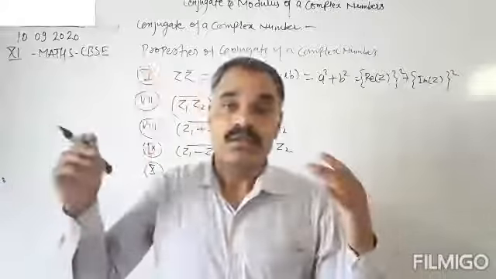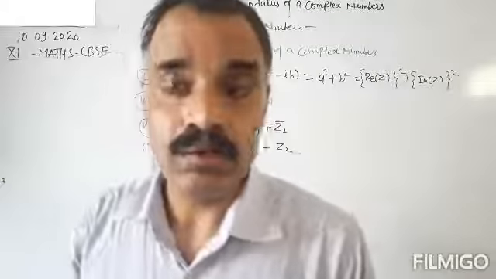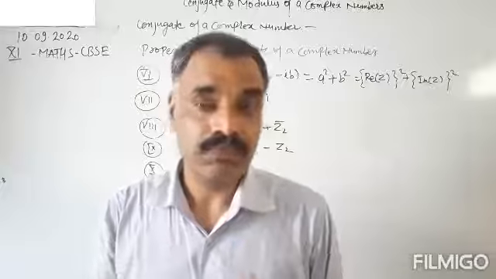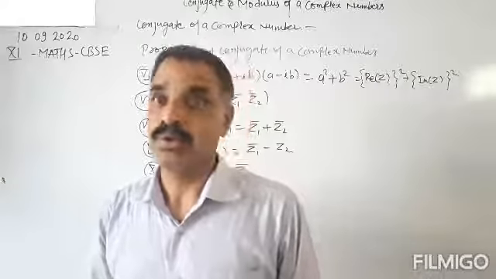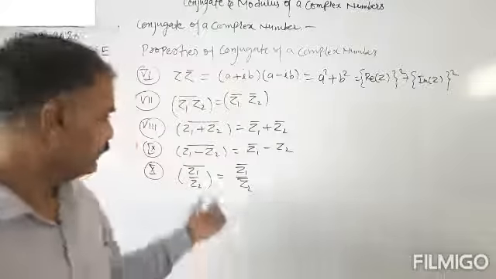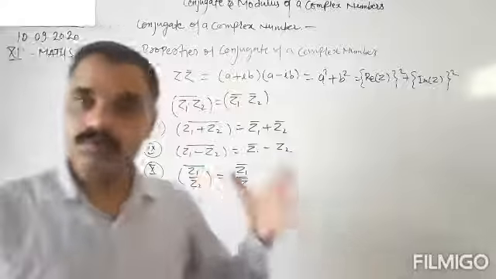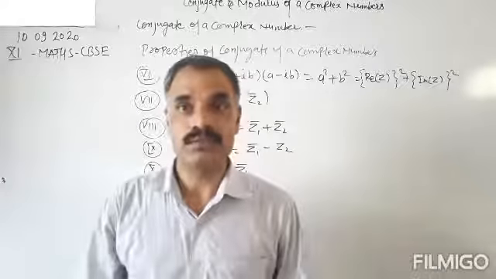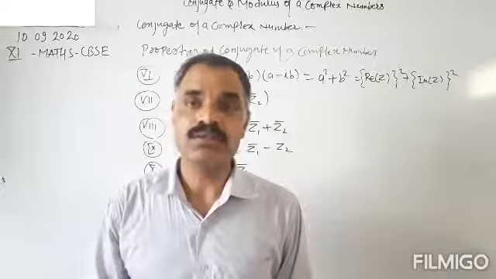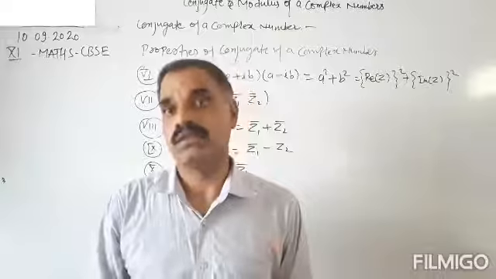Means the conjugate of the division of two complex numbers is the division of the conjugates of the two complex numbers.